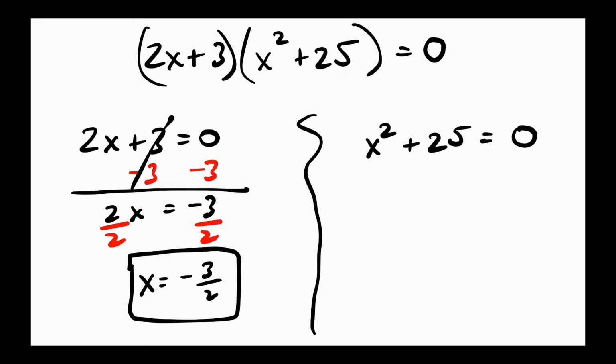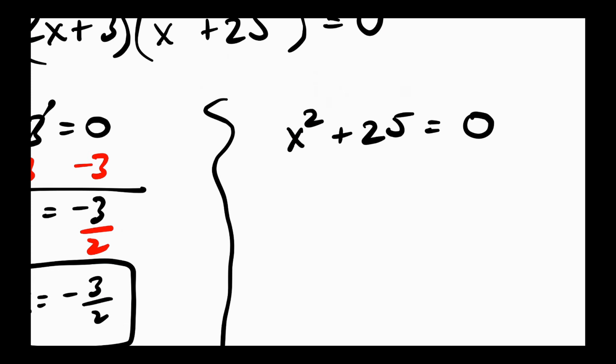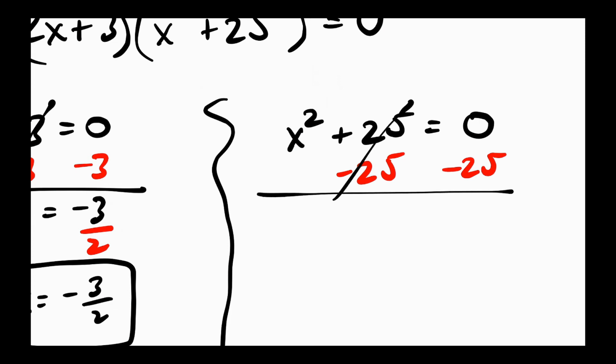Okay, what about the other one? How am I going to solve the other one? Subtract 25 from both sides, right? So I get x squared equals negative 25. What's the opposite of squaring? Square root.